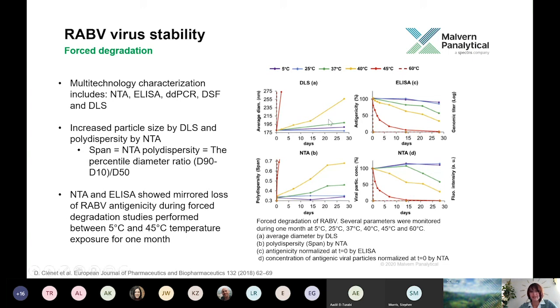And again, I've lost my cursor, it indicated the increased particle size with incubation temperatures over 37 degrees. Additionally, the increase in particle polydispersity under thermal stress over time was accompanied by continuous loss of G protein antigenicity measured by ELISA and NTA. So those results really demonstrate that NTA can be applied on virus-based solutions to simultaneously count antigenic viral particles and determine aggregation states of various particles.